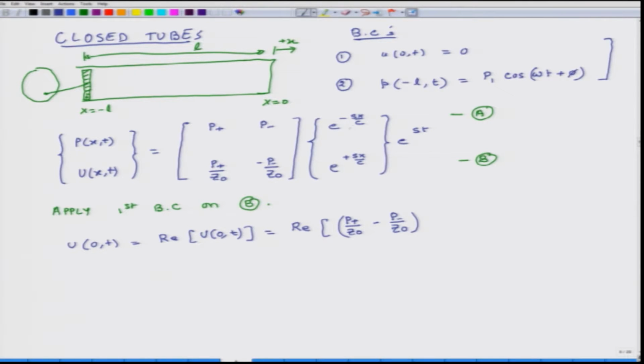I am putting x equal to 0 in this equation, so these exponential terms become 1, and then times e to the power of S t. Capital P is complex pressure and capital U is complex velocity, and if I have to find actual pressure or velocity, I take its real portion. This is what I developed in the last class also.